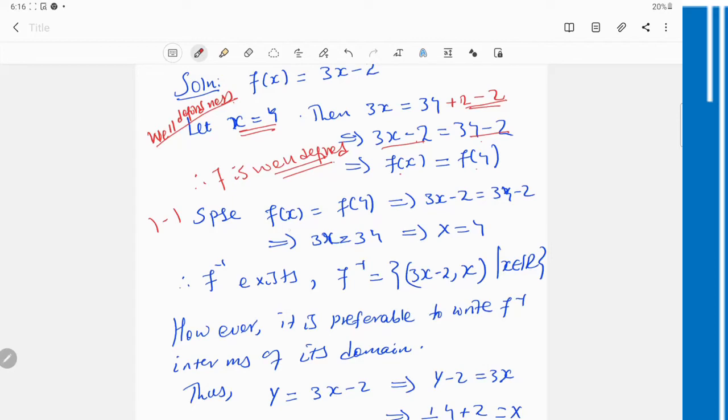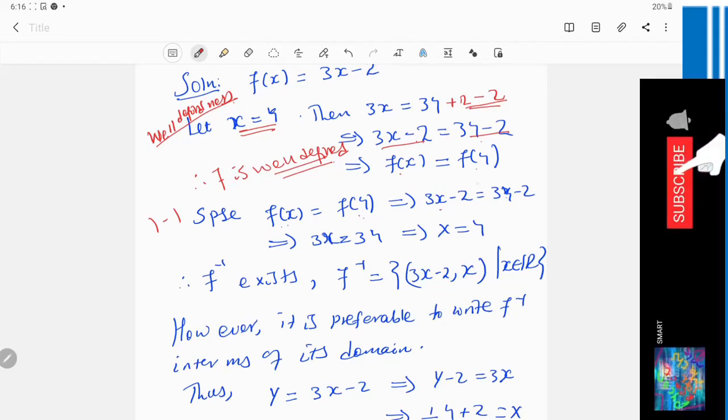To check one-to-oneness, we said that you need to take two functional values, then check whether x and y are equal or not. So let's suppose f of x equals f of y. Then we have this one.